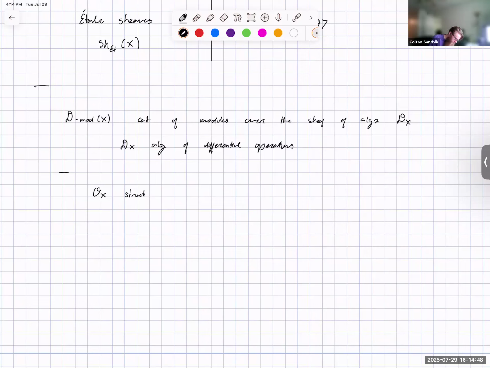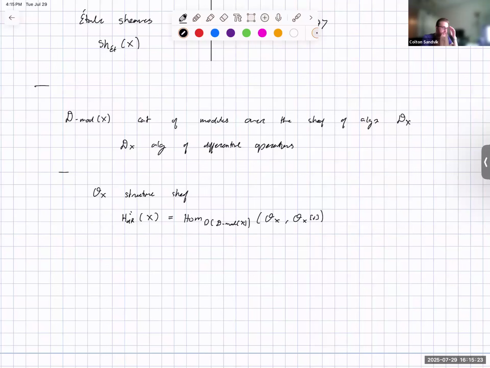So this is the structure sheaf, and then the claim is that we can define the de Rham cohomology of X in the derived category as something like this.